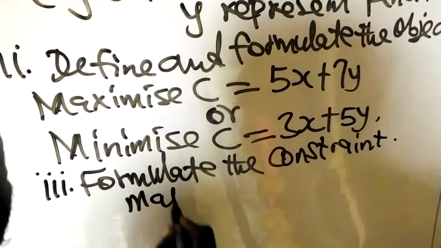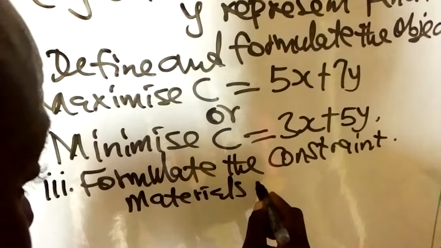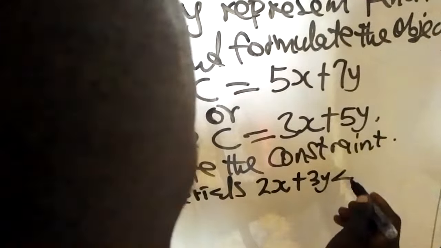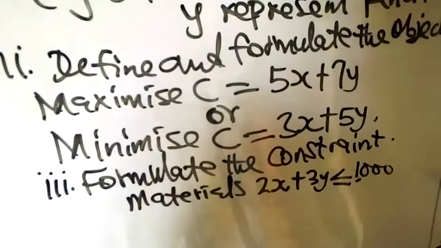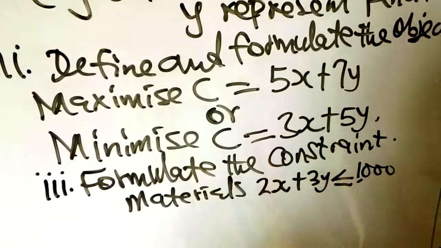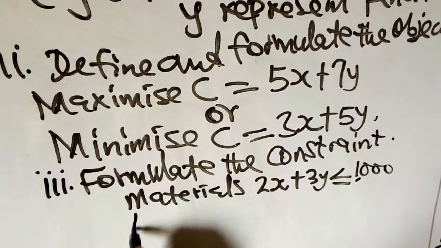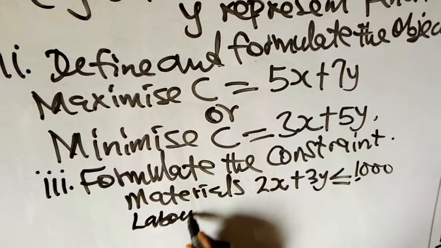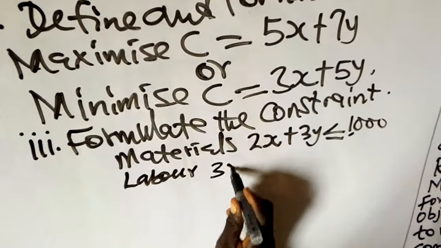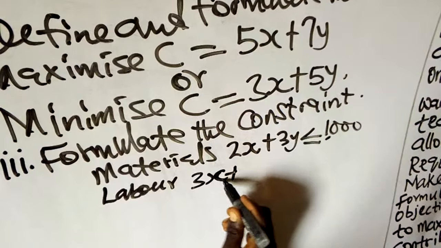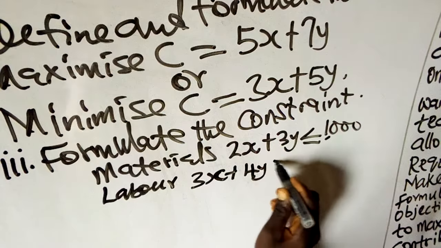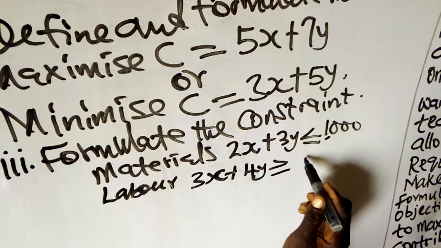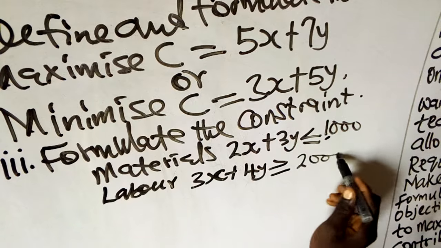E.g., you have materials, 2x plus 3y less than or equal to 1,000. This could be a constraint. And you may have the constraint as to the labor, where you may have 3x plus 4y greater than or equal to 2,000. This could be your constraint.